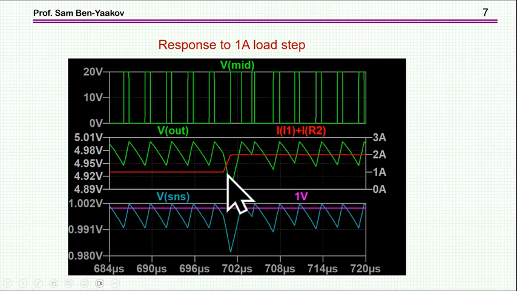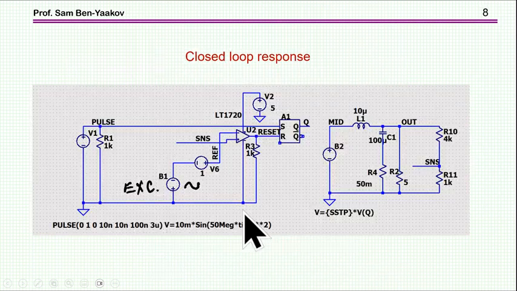And the reason is that once it drops, then the upper transistor will stay on until we reach again the peak value of 1 volt at the sense point. So the response is really very nice, and this is one of the advantages of this approach, which is, I should say, I didn't say it before, this concept in a variation of it is used in many commercial PWM controllers.